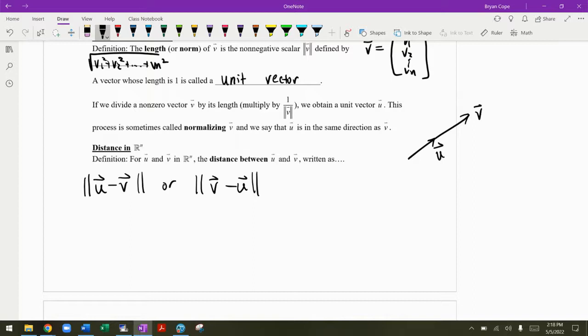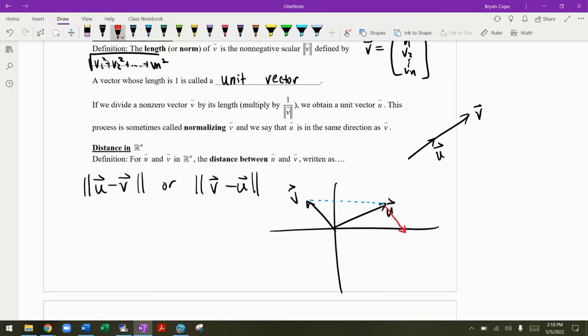Okay, so visually, here's what's going on. You've got u here and v here. If you take u and one copy of negative v, we're seeking this distance right here. This is what we want to find. Let's draw a copy of negative v off on the tip of u. So here is a decent copy of negative v.